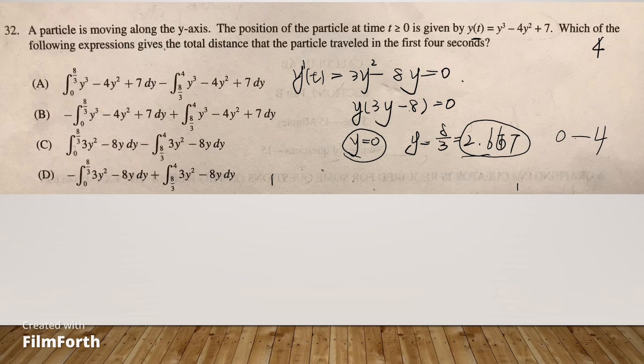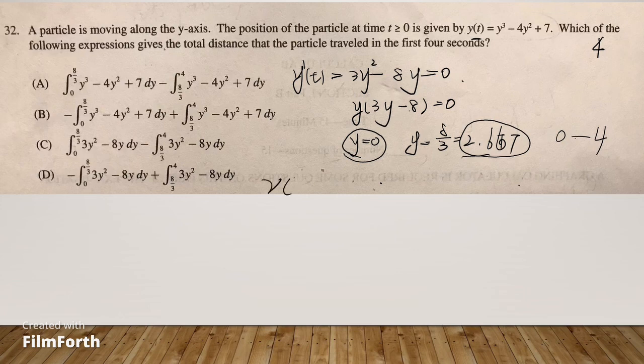So V of 0 equals 0 times 0 times 3 minus 8, so it is 0. Oh, sorry, I said we should plug in 1.